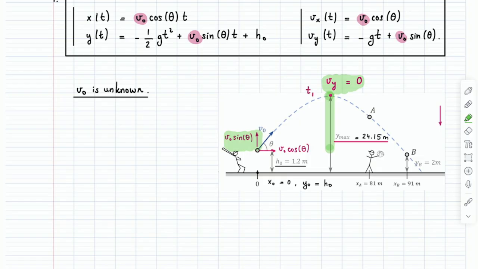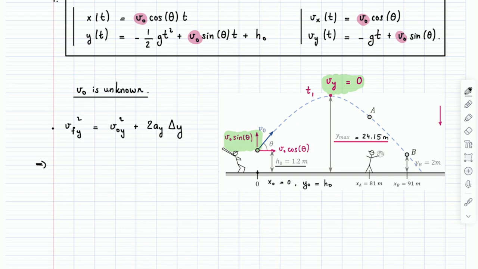And of course I know acceleration. So where am I going with this? I'm going to say that v final y squared is v initial y squared plus 2 ay delta y. That's the kinematic equation that bypasses time.